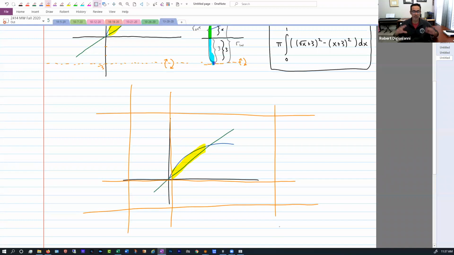Okay, so that means you have basically covered all the different scenarios as to where your axis of rotation could be. A couple of my students in my other class asked me, do we ever rotate the region around a line that has a slope that's not horizontal or vertical? And the answer is no, we don't in this class. In fact, I can't remember a class that I ever took that we had to do that, but it can be done.